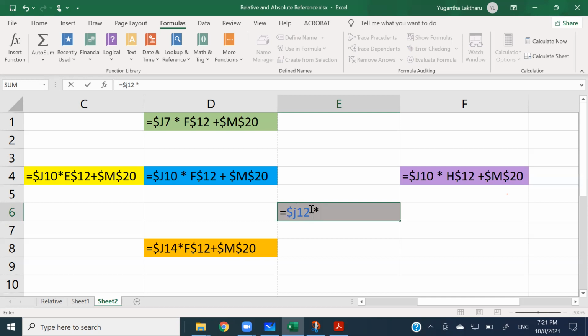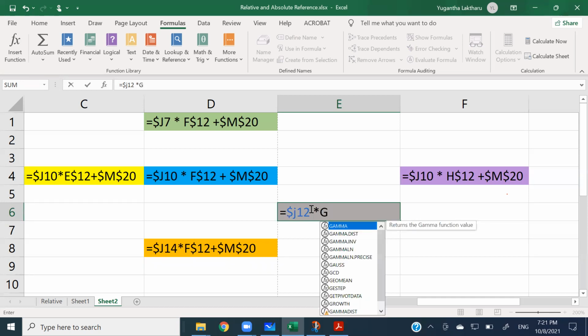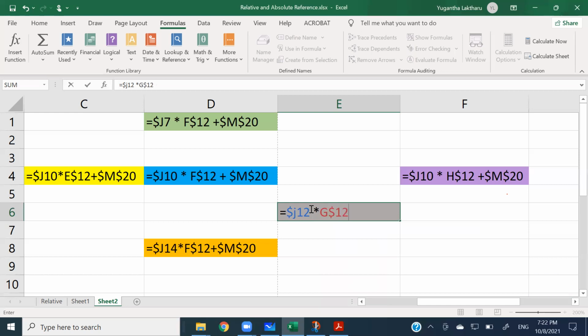So F will become G. Then $12 is just $12. It's not going to change. Plus, again, we are not going to think about $M, $20. It is as it is. Right? Okay, very good. So now you got the idea about how the absolute cell reference works.